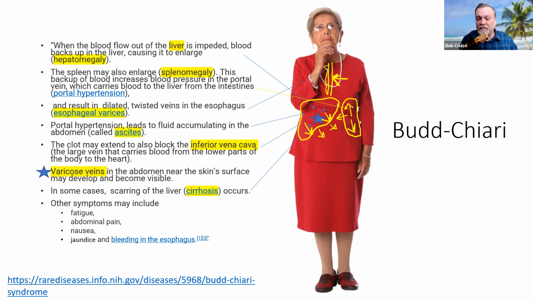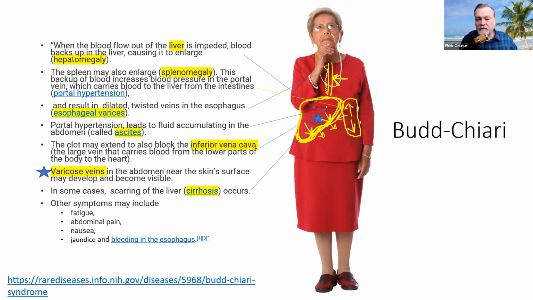So ascites, fluid backup. The fluid is not being routed appropriately because there's backup of blood, and then the extracellular fluid builds up as well. So you have an increase of abdominal fluid, ascites, with this as well, okay?